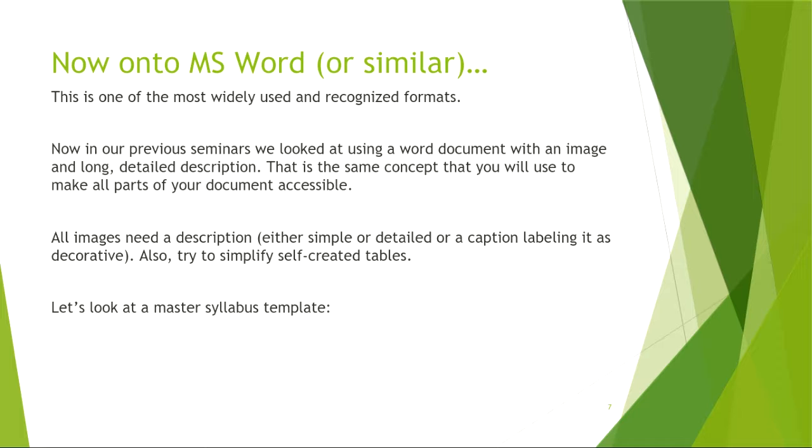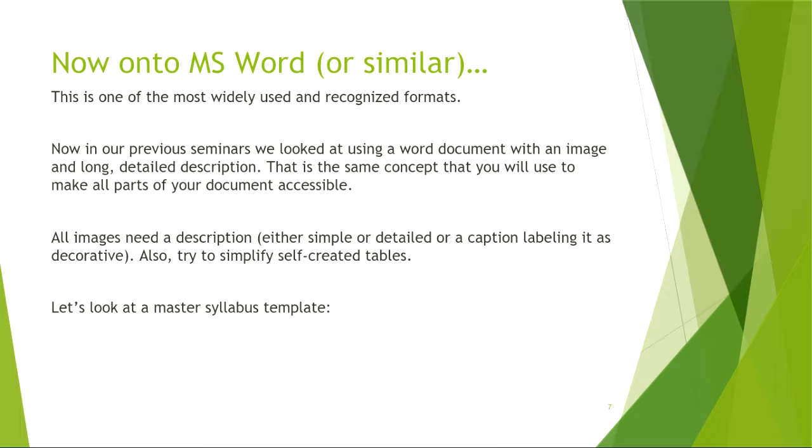So in our previous two seminars, we talked about using hyperlinks and making them accessible with descriptions, also using images and how you would caption them or give them their detailed description or their quick description, based on what type of image it is, whether it's something highly conceptual where you're going to need a lot of information, or if it's just decorative, or if you can use something that's pretty simple.